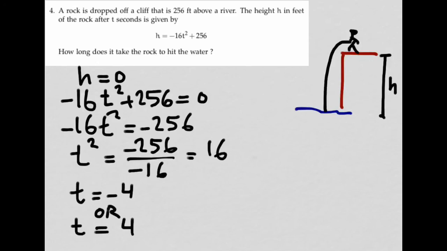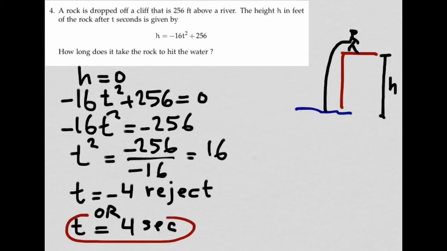But t represents time in this context, which means it cannot be negative, so we're going to reject t equals minus 4 because time cannot be negative. And t equals 4 seconds is an acceptable answer, so the rock will hit the water precisely after 4 seconds.